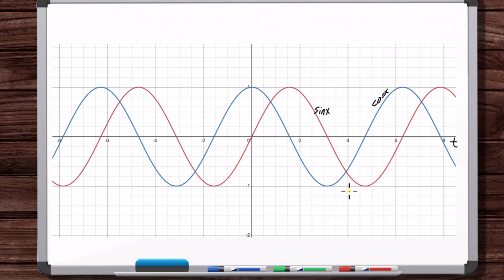For example, you'll hear about the frequency of the sine or cosine curve. So what does the frequency mean? Well, if this was a time axis, then the period 2 pi corresponds to a time. What it means is that it takes 2 pi seconds to go one full cycle of the sine curve or the cosine curve.